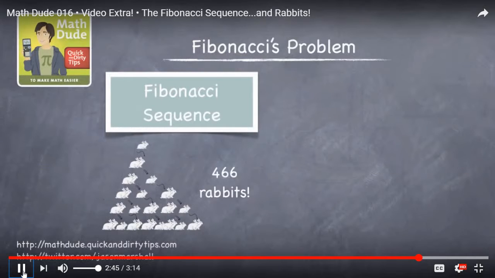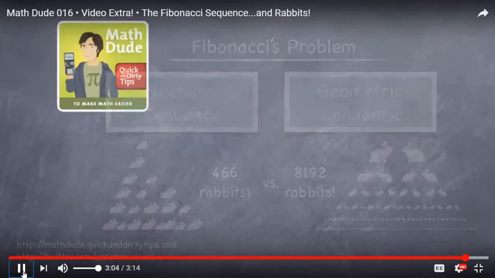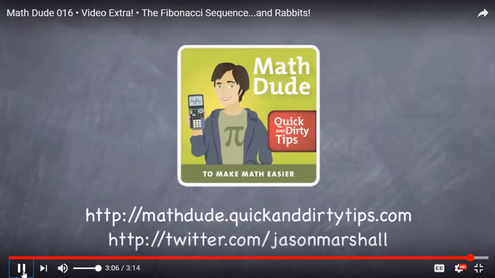But how does that compare to the exponential growth of the model where rabbit populations grow like a geometric sequence? The difference is huge. If the rabbit population grew like a geometric sequence and doubled every month, at the end of a year, there'd be 8,192 rabbits. And that's the story of Fibonacci and his rabbits. Until next time, this is Jason Marshall with this week's Math Dude Video Extra.